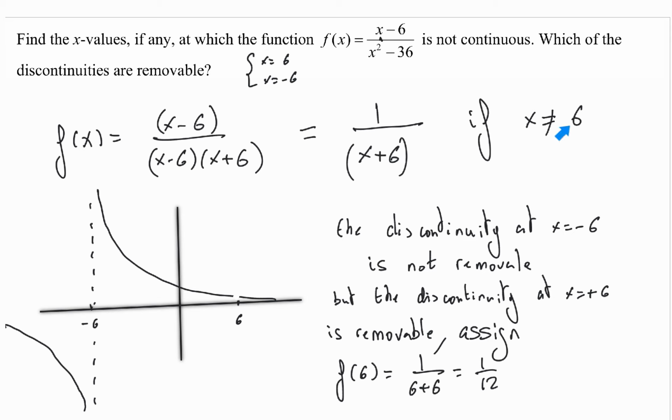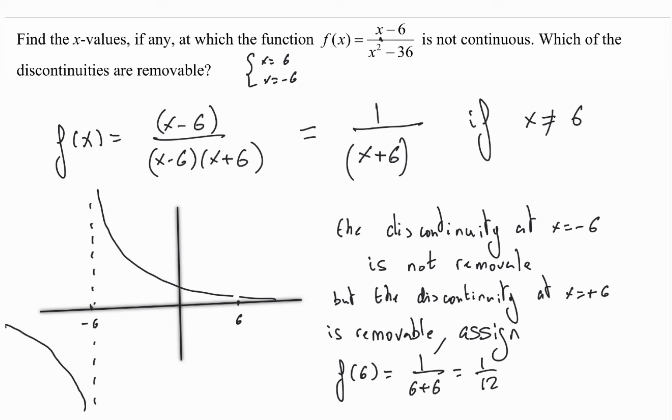So what value should I consider at x equals 6? The limit of the function wants to be this value. So when x equals 6, this value is 1 divided by 12. So the discontinuity at x equals 6 is removable if you assign the value 1/12 to x equals 6.